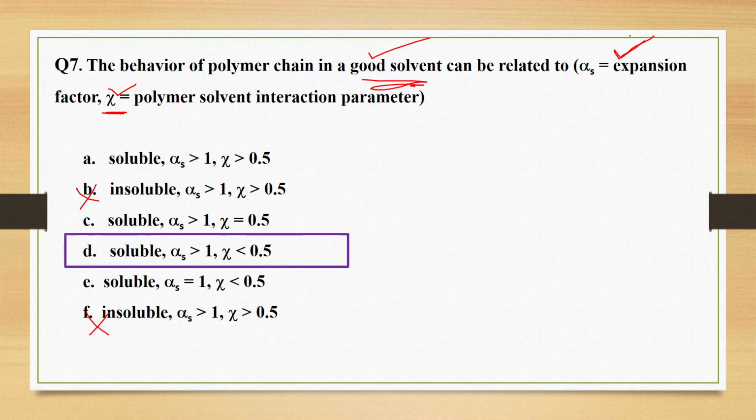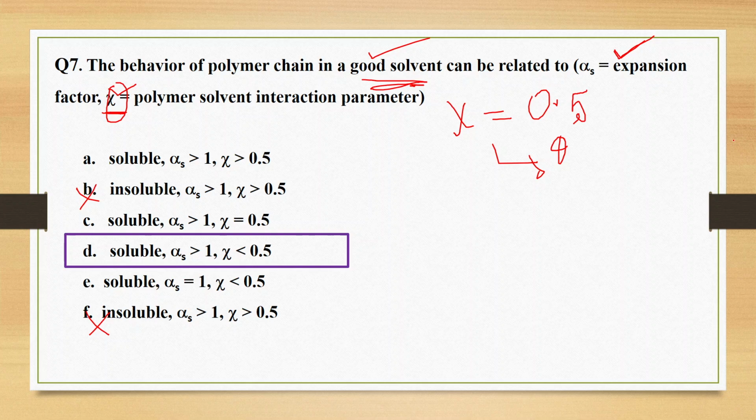Next, you know that in the case of a good solvent, what is the value for chi, right? Those who wrote option C: chi equals 0.5 is only for theta solvents or theta temperature, the theta condition. That is the ideal condition. A theta solvent and a good solvent are different, right? A theta solvent is in between poor and good. As we discussed in the previous problem, the chi value has to decrease so that the polymer becomes soluble in the solvent.